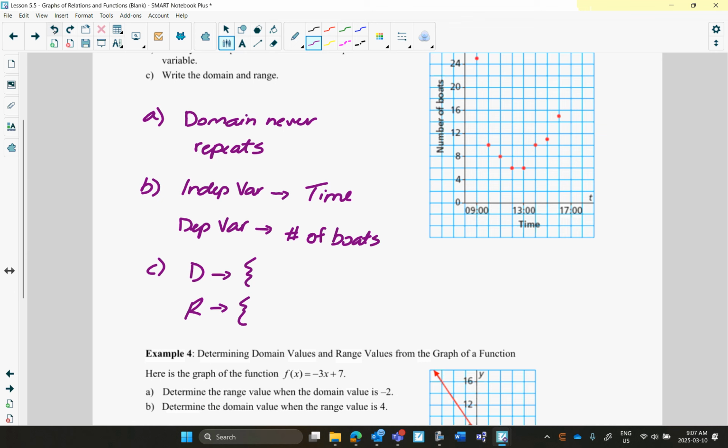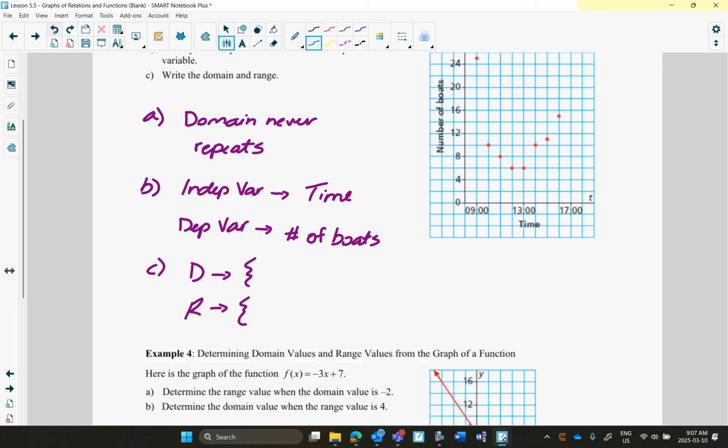For X coordinates, or X values, I've got 9 a.m. and it looks like 10 a.m., 11 a.m., 12, 1300. Looks like it's going up by an hour every time.